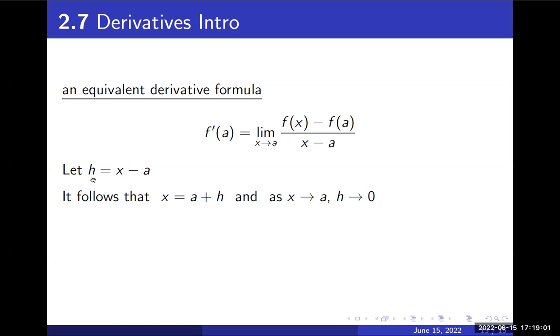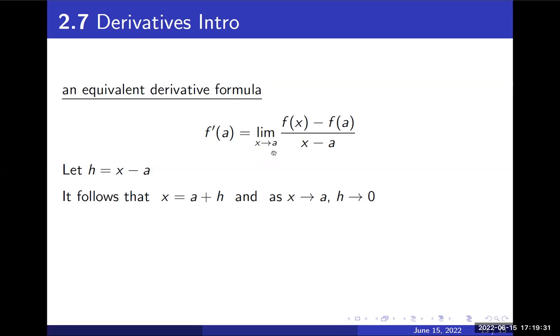Well, if h equals x minus a, then as x gets closer and closer to a, when you subtract them, the difference is going to get closer and closer to 0. As these two numbers get closer to one another, h will be getting smaller and smaller down to 0.